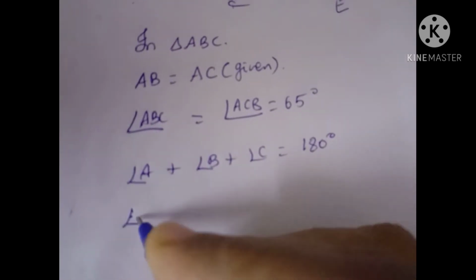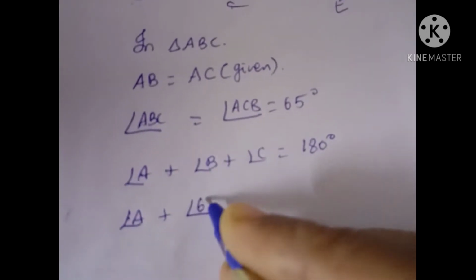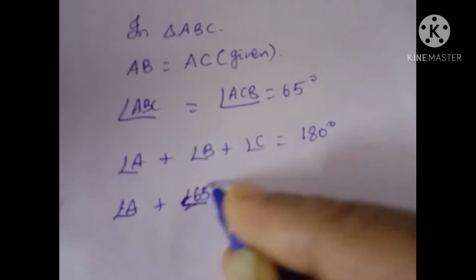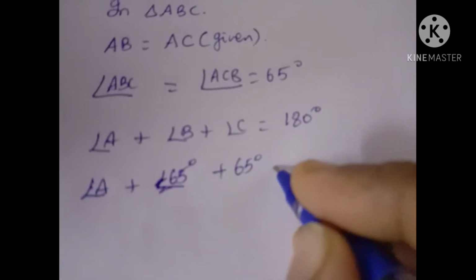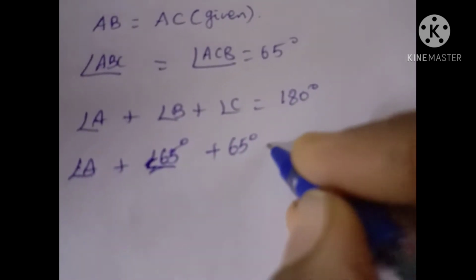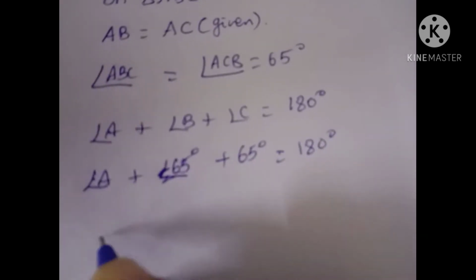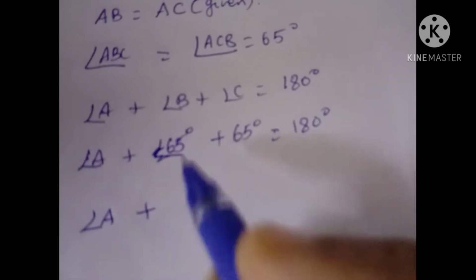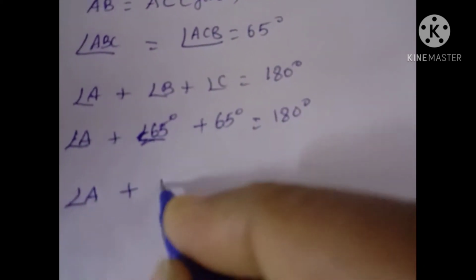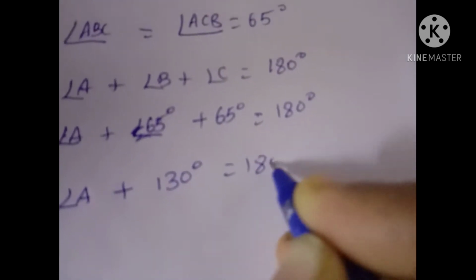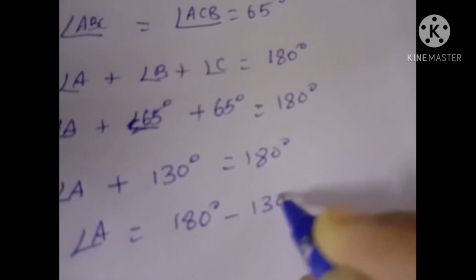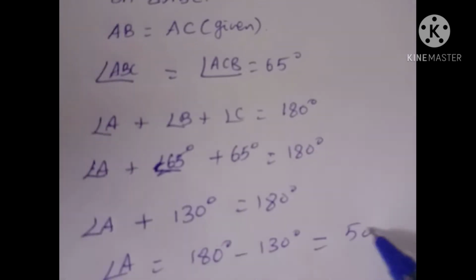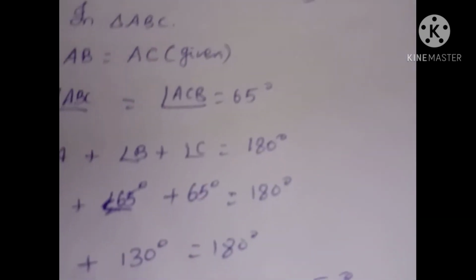Therefore, we don't know angle A. Angle B is 65 and angle C is 65. Therefore, angle A plus 130 is 180. So if you take 130 to the right-hand side, 180 minus 130 is equal to 50 degrees. Therefore, angle A is equal to 50 degrees.